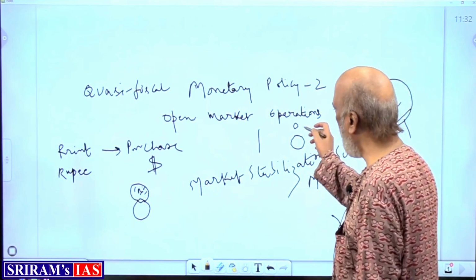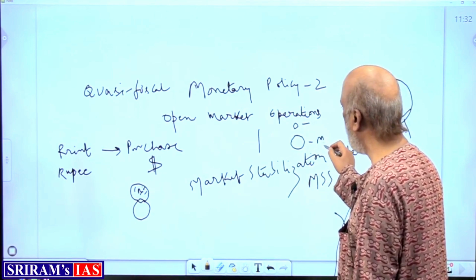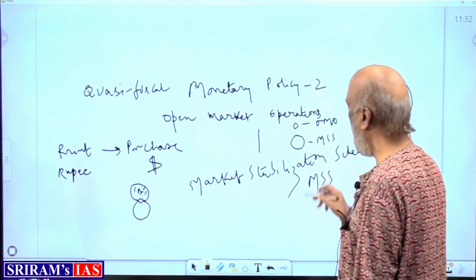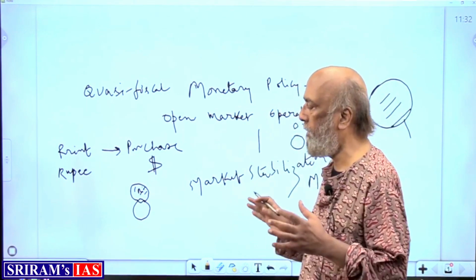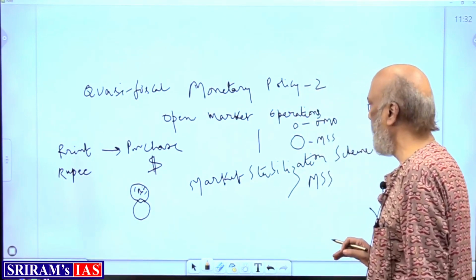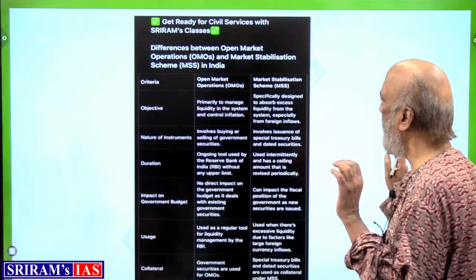But then this is the norm, this is an exception. This is MSS, this is OMO. Now when you see the table, the black table on the board, with the help of Dharmendra ji, you will be able to get 100% clarity on this.